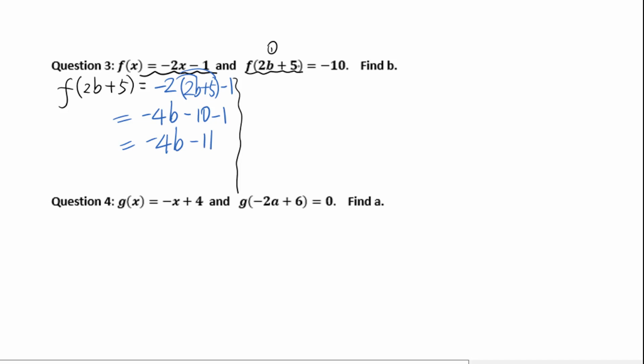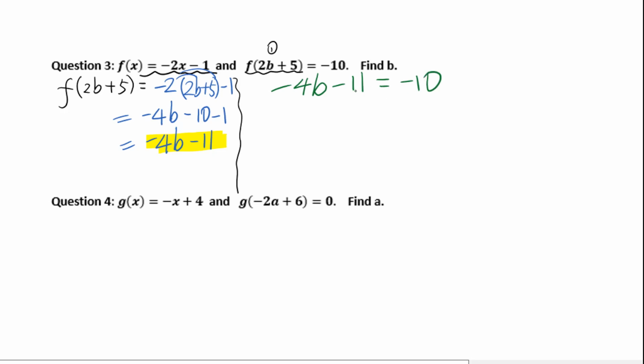Second step, we will make what we get for f of 2b plus 5 equal negative 10, which is negative 4b minus 11 equals negative 10. This is the linear equation.